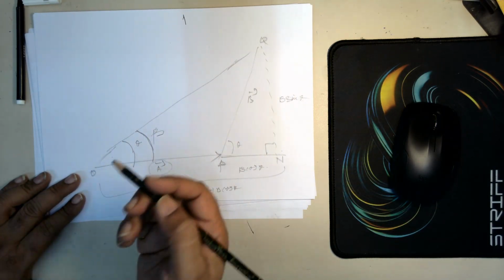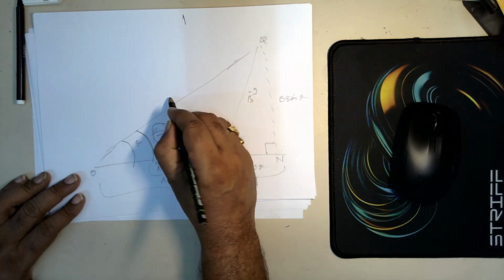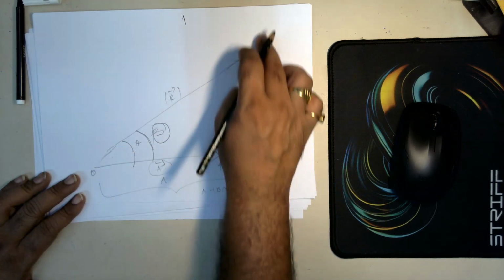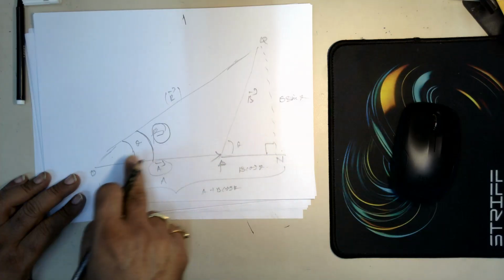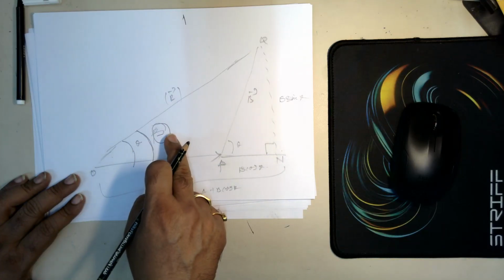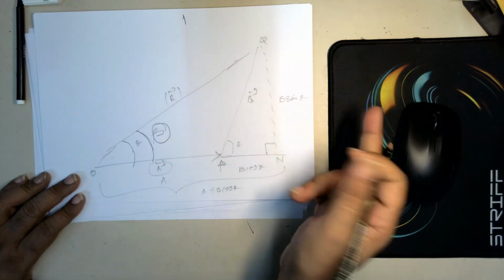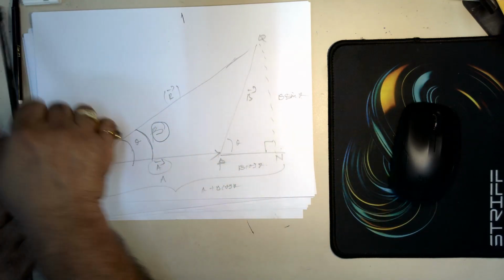Probably they will ask what is beta and what is the modulus of R. In that case, by Pythagoras theorem we can find it, and by taking tan beta we arrive at the angle, beta equals tan inverse of the ratio. So the point is very clear. Any doubt?